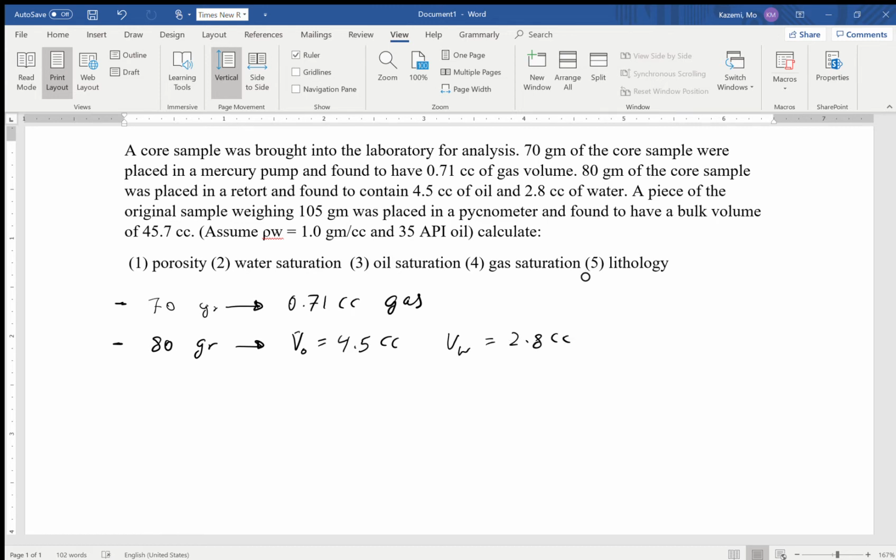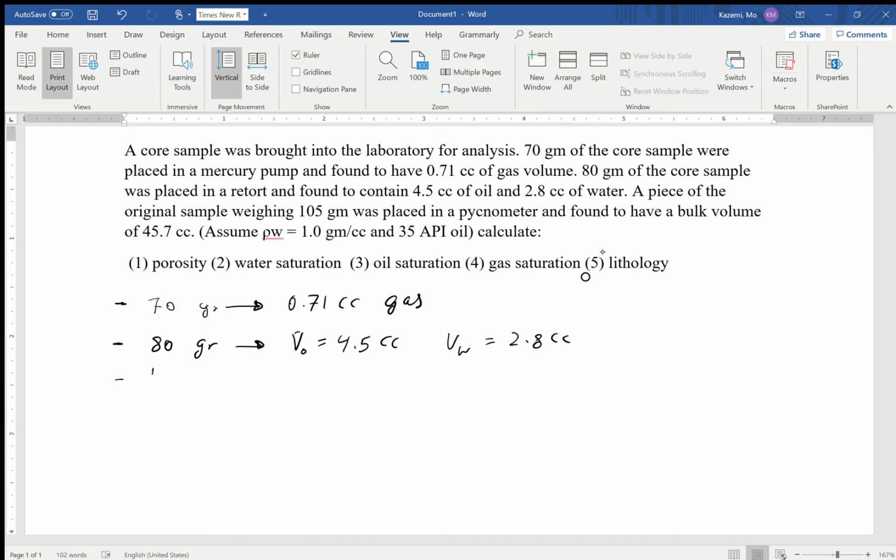A piece of original sample weighing 105 gram was placed in a pycnometer. It's a device basically that measures the solid volume and density, and found to have the bulk volume of 45.7.